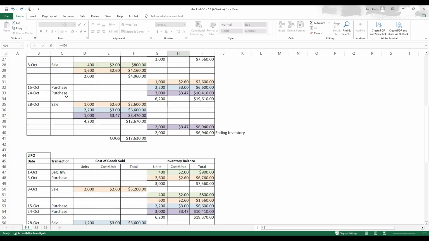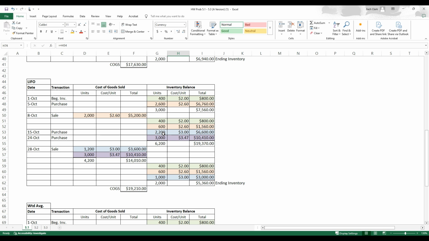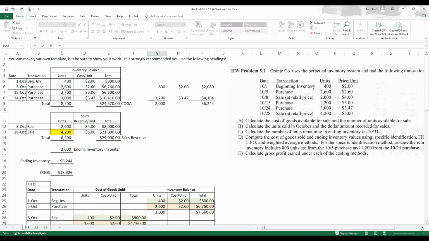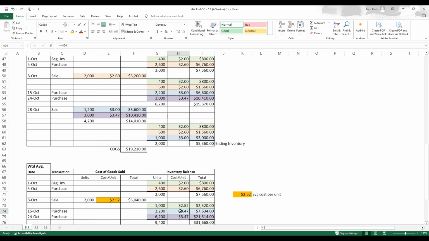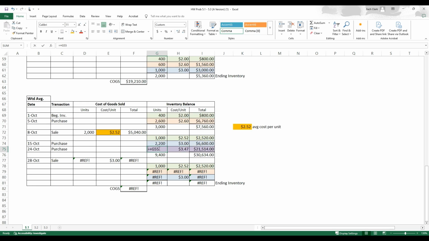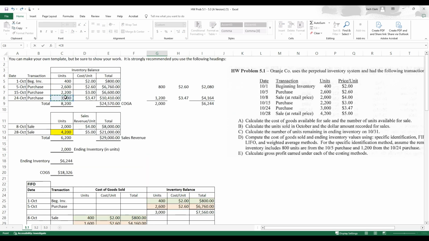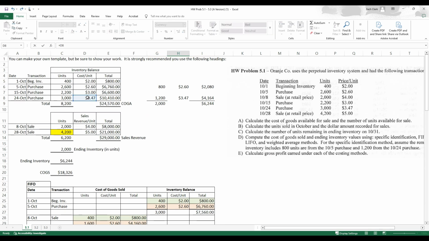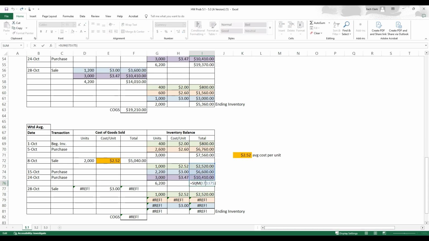Yeah, let's see if that got messed up. 2,200, 3,000. Yeah, that should be the 2,200 purchase at $3 per unit. And then this one should be the 24th purchase of 3,000 units at, maybe that is 347. Yeah, there we go.